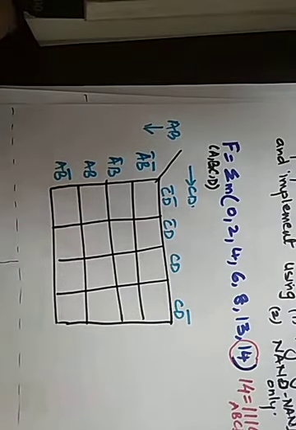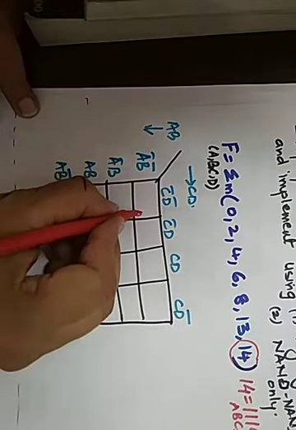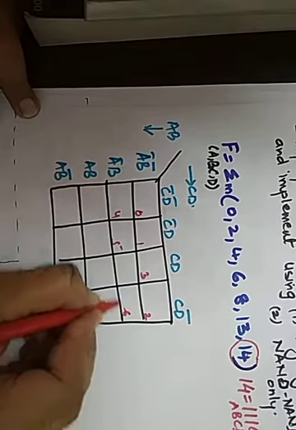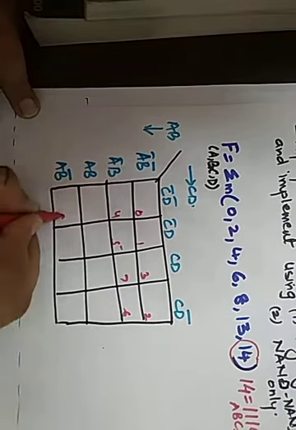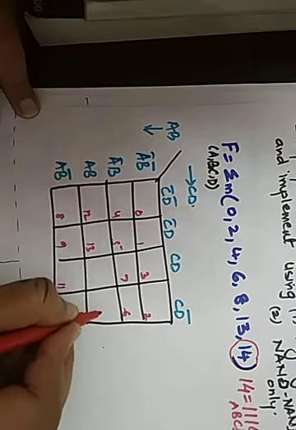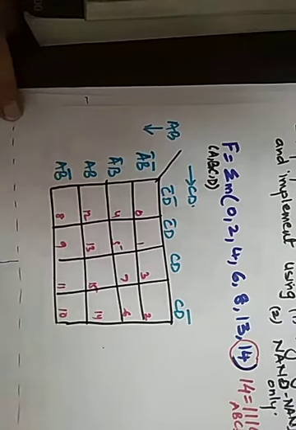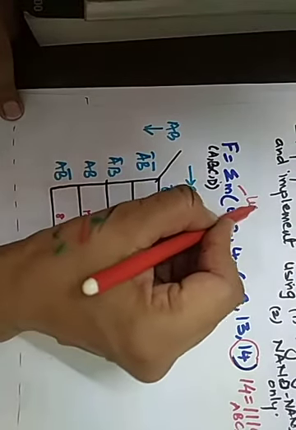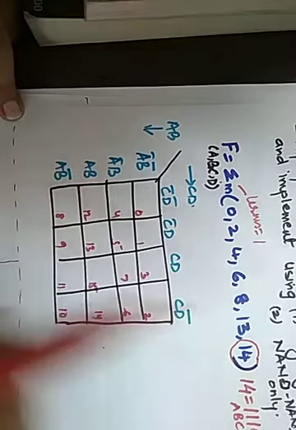Our next step is to number the squares 0, 1, 2, 3, 4, 5, 6, 7, 8, 9, 10, 11, 12, 13, 14, 15. Now this is a sigma function, so we know that the sigma terms have value 1.